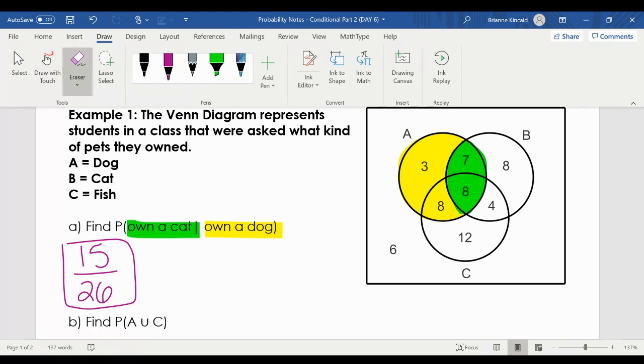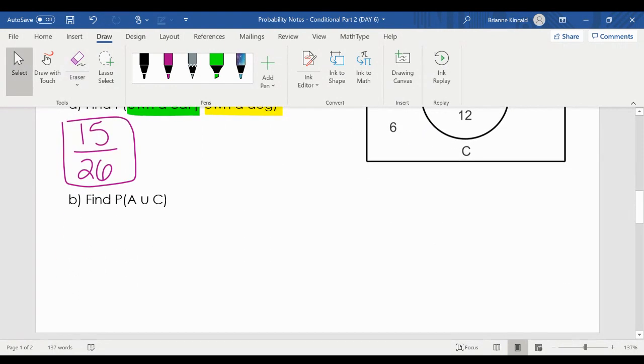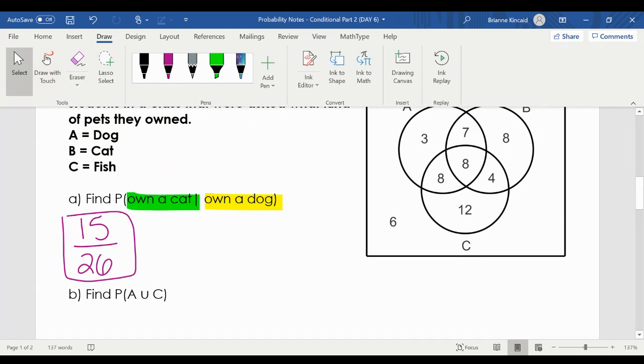Now, the second part here, find the probability of A union C. There is no condition in this example, which means my denominator has to be the total. So the first thing that I want to do is total all these numbers up.